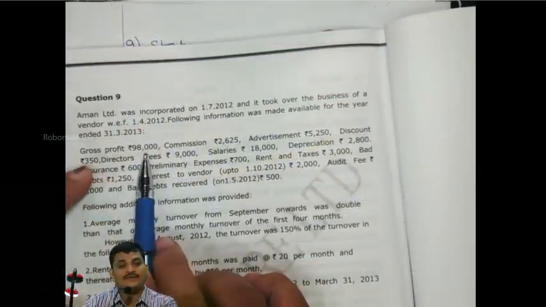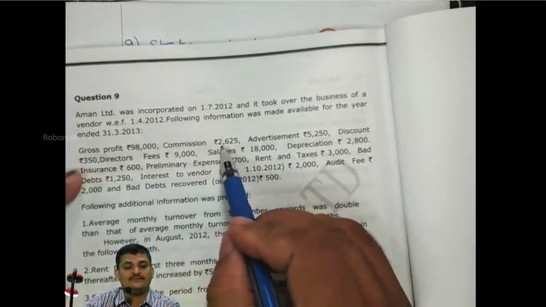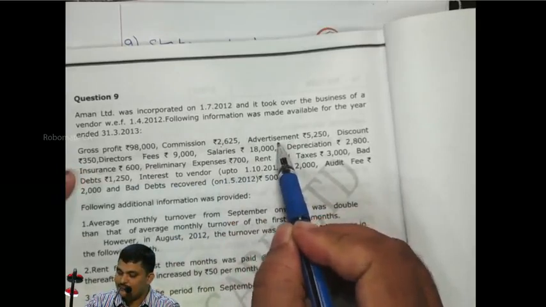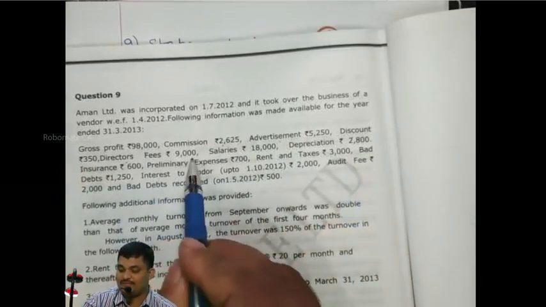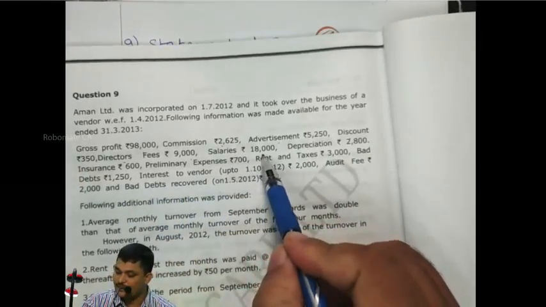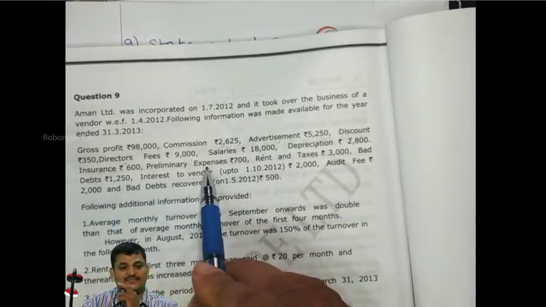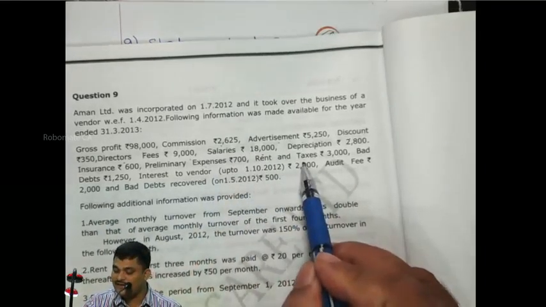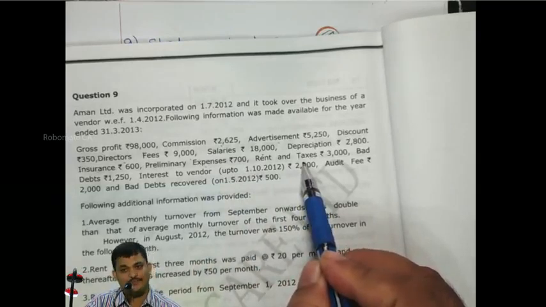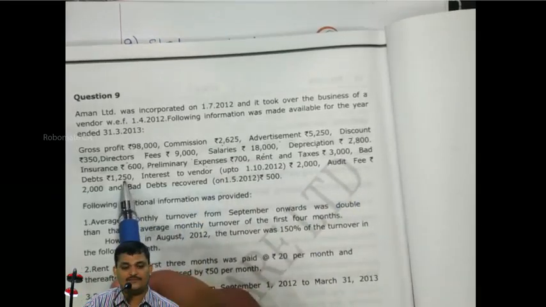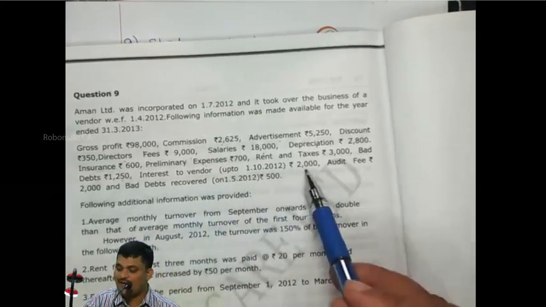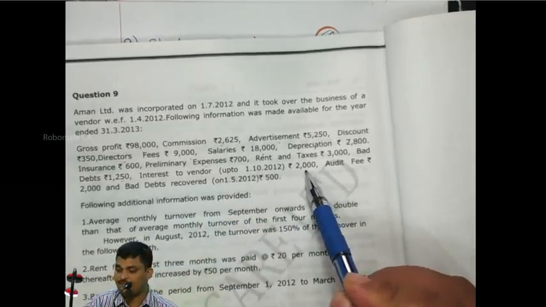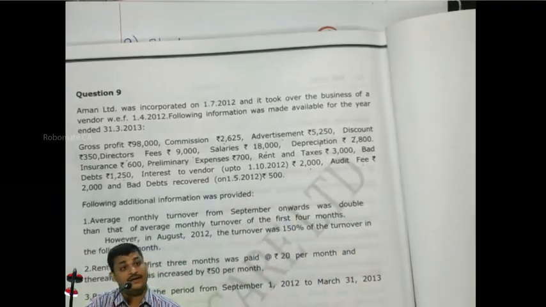Gross profit usually in sales ratio. Commission, advertisement, discount, director's fee, salaries, depreciation, insurance, preliminary expenses directly, rent and taxes specific working note, bad debts specific, interest to vendor specific, audit fee, bad debts recovered direct to pre.